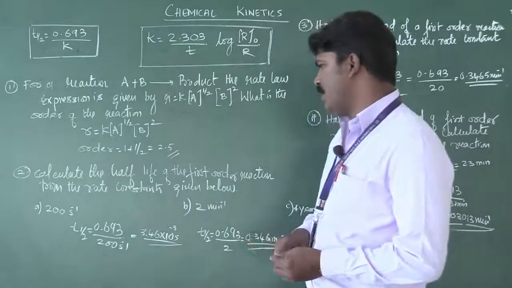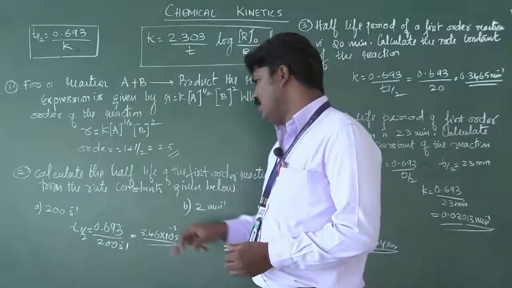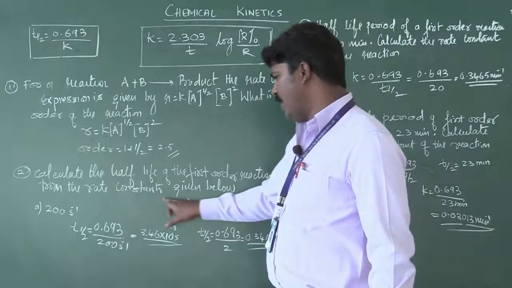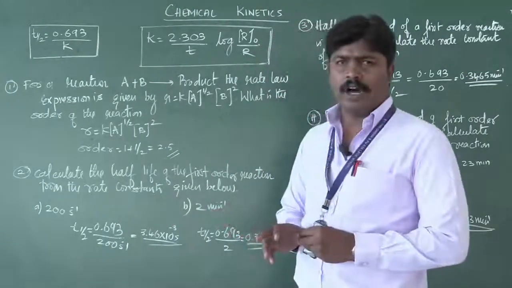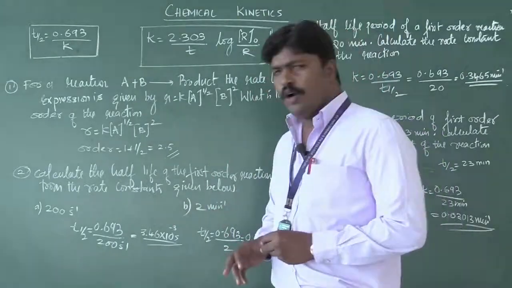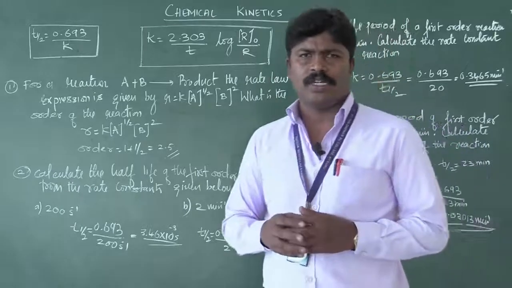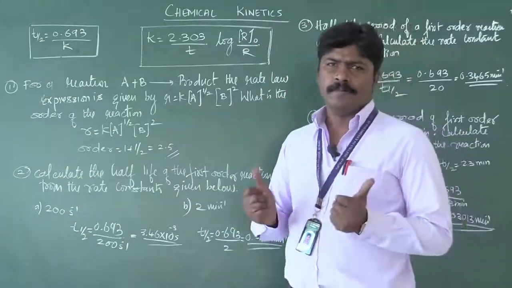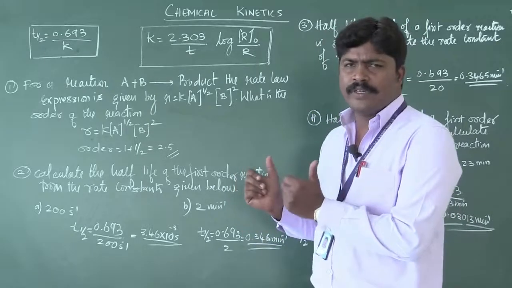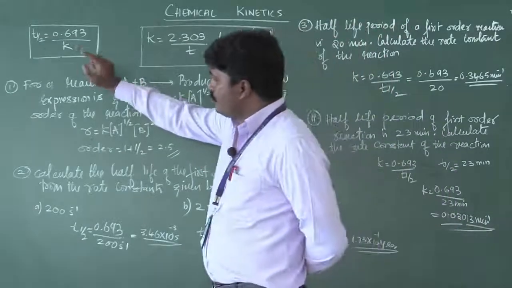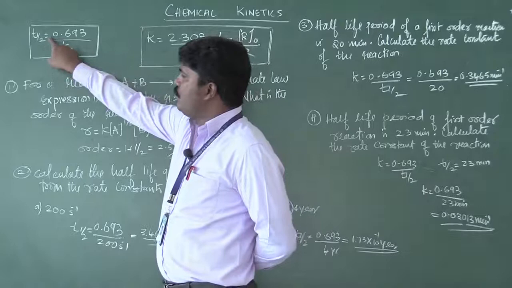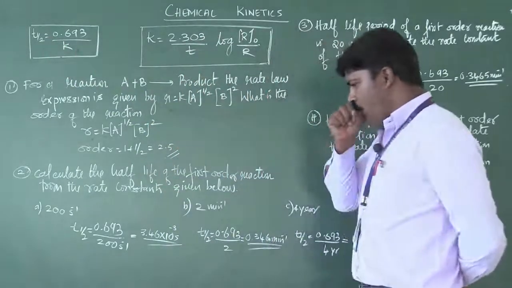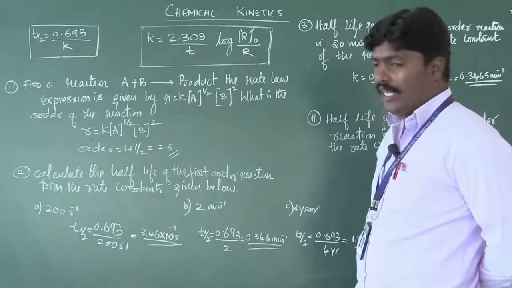So coming to the next part, calculate the half-life of a first order reaction from the rate constant given below. The rate constant is given. And you know the unit of the rate constant of first order is per minute, per second, per hour, per year. They themselves have given the value of K, using this formula where T half is equal to 0.693 by K, we can calculate the half-life.